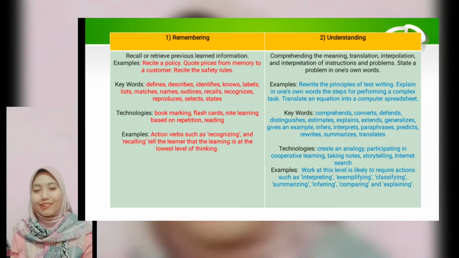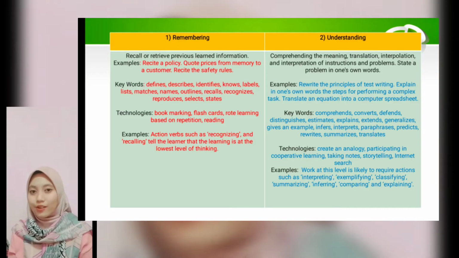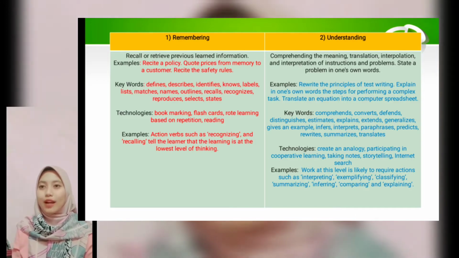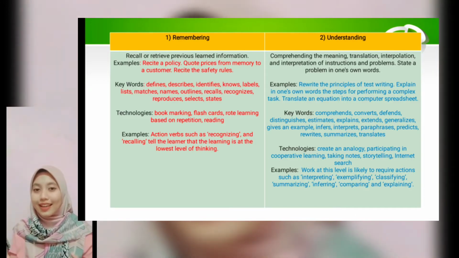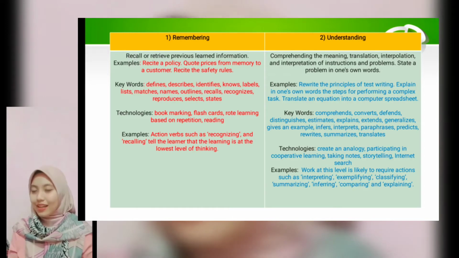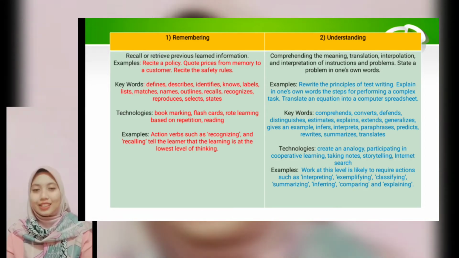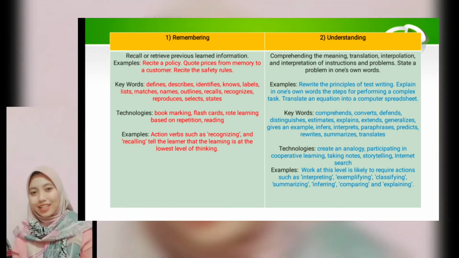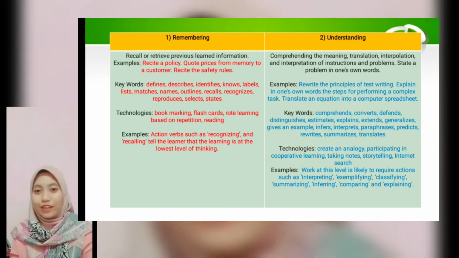When they remember, of course they will understand it, but not really. Understanding is the real thing about comprehending the meaning, translation, interpolation, and interpretation of the instructions that you give to them.